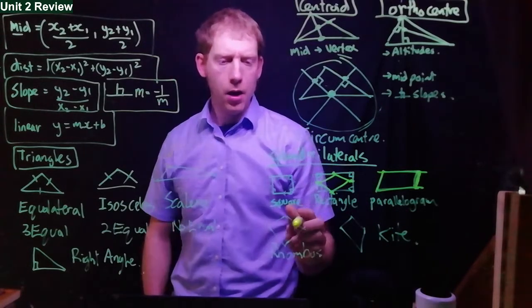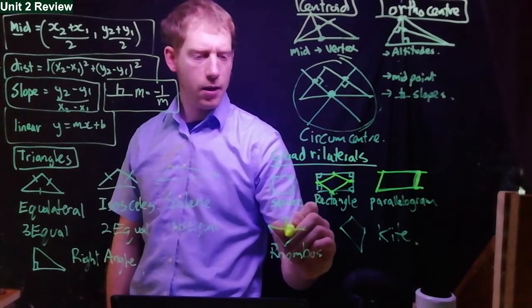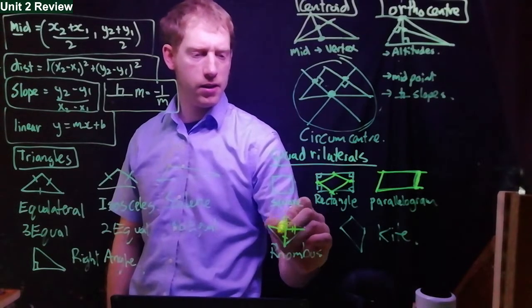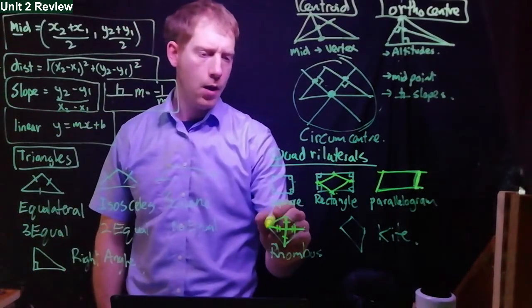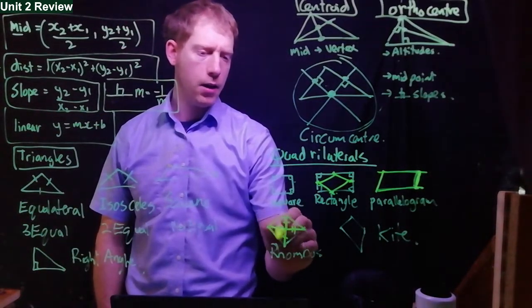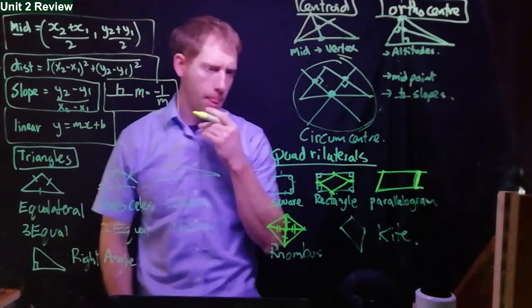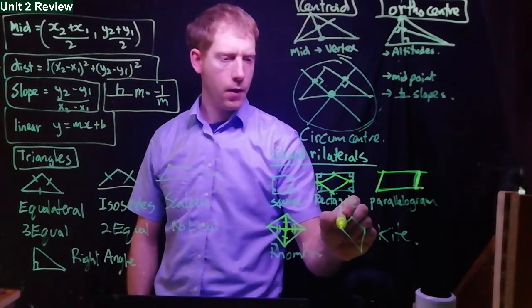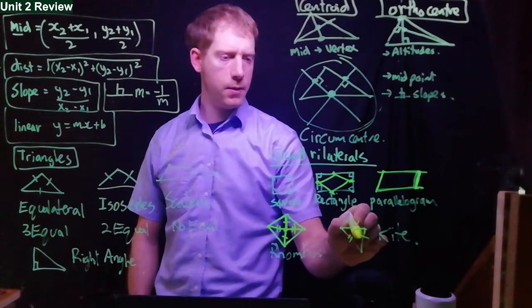A rhombus, if you connect these 2 points, this distance and this distance will be the same. These distances here will be the same. So you can prove a rhombus by calculating the distance to the middle there. And then a kite, again, this distance will be the same as this, and then this guy will be the same as this guy right here.